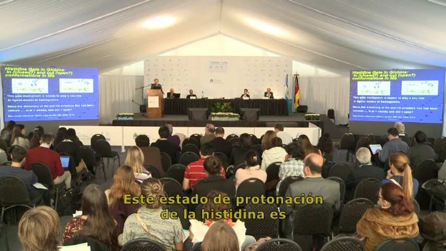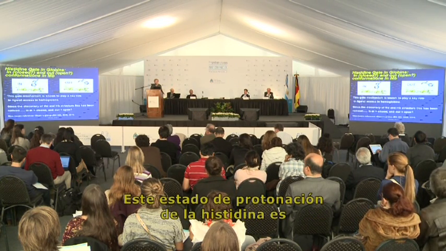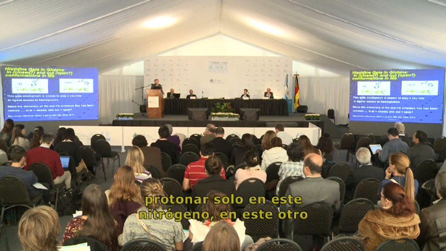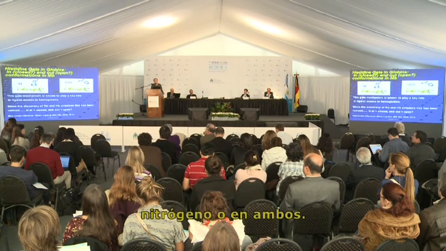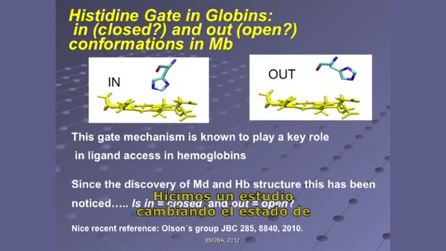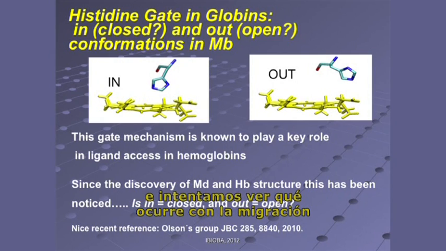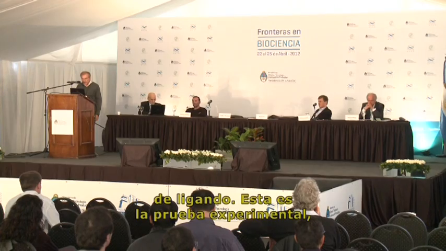The protonation state is something really subtle, because the histidine can be singly protonated in this nitrogen, in this other nitrogen, or doubly protonated. So we made a study changing the protonation state, seeing where the histidine wants to go, and trying to see what happens with ligand migration.